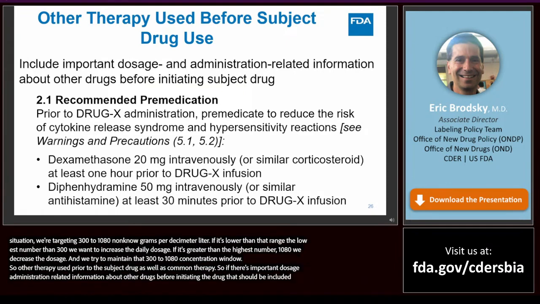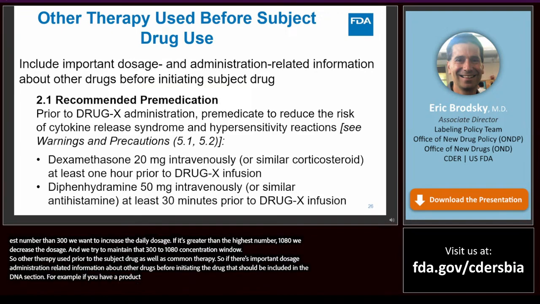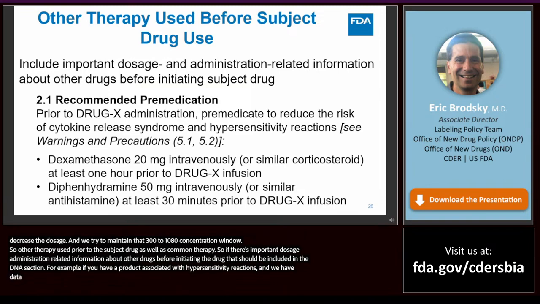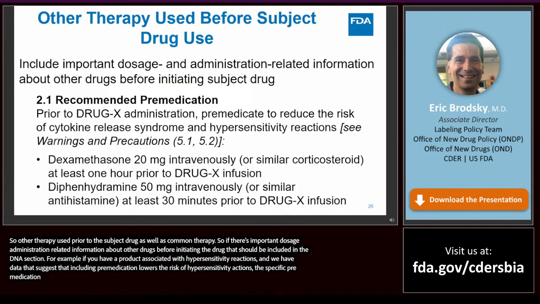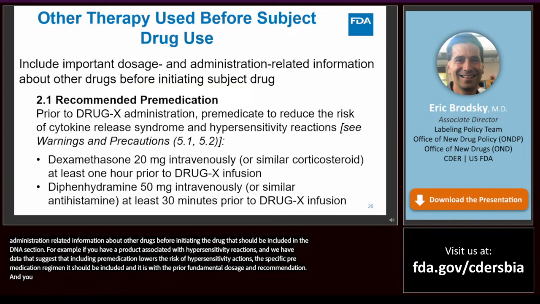For example, if you have a product associated with hypersensitivity reactions, and we have data that suggests that including pre-medication lowers the risk of hypersensitivity reactions, the specific pre-medication regimen should be included in section 2. Because this is critical information, generally it's included prior to the fundamental dosage and administration recommendations, and you also do it before administering the subject drug.